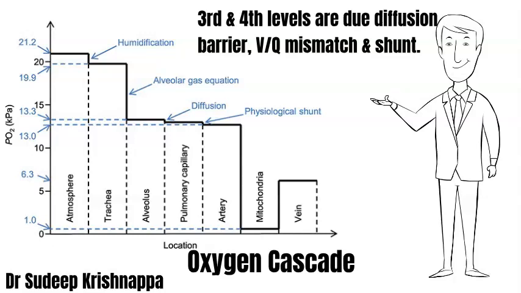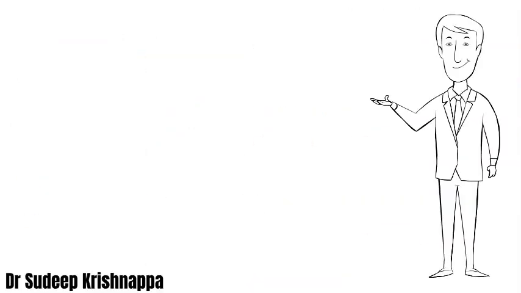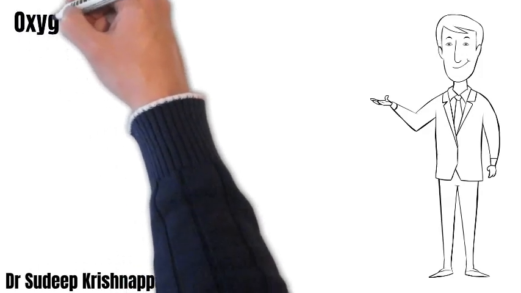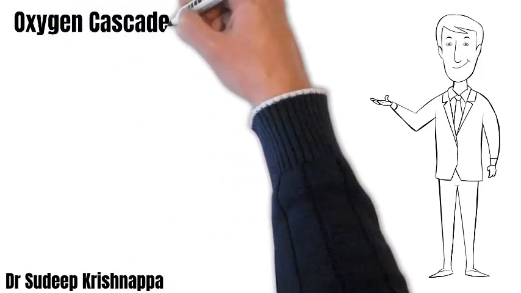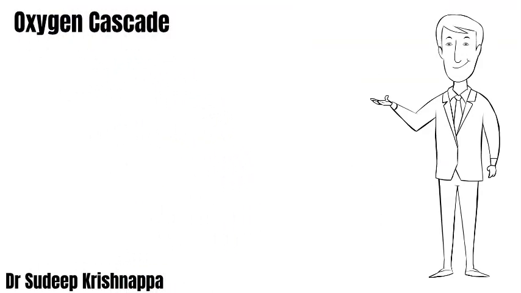The next thing we need to understand is Dalton's law of partial pressure, which states that in a mixture of gases, if a gas contributes a certain proportion of volume, it would contribute a similar proportion of the total pressure as well. For example, if oxygen constitutes 21% of the atmosphere by volume, it would also contribute 21% of the total atmospheric pressure.